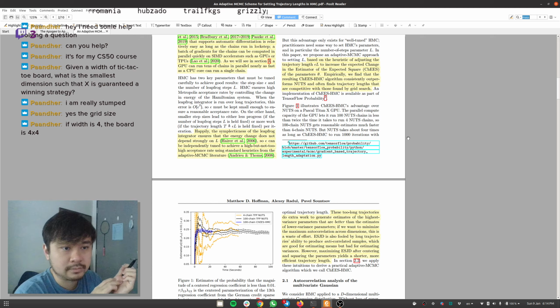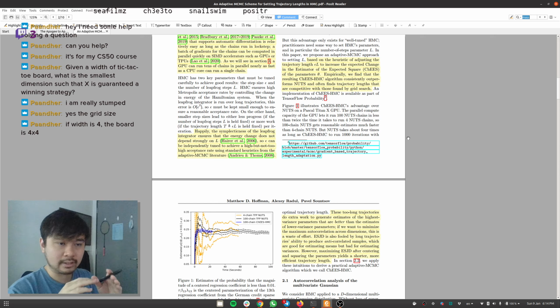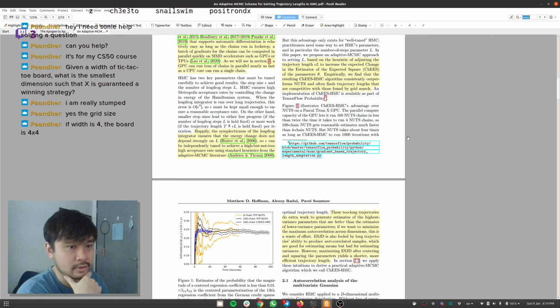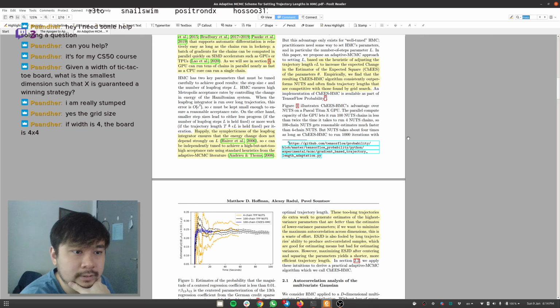If the width is 4, the board is... So the width is the same as the dimension? Is that what you're saying? I'm a bit confused. By dimension, do you actually mean... well, okay, I'm not sure what your notations are. What is the difference between width and dimension? Sorry if you type in the chat and it appears a bit later. I think there's a delay.